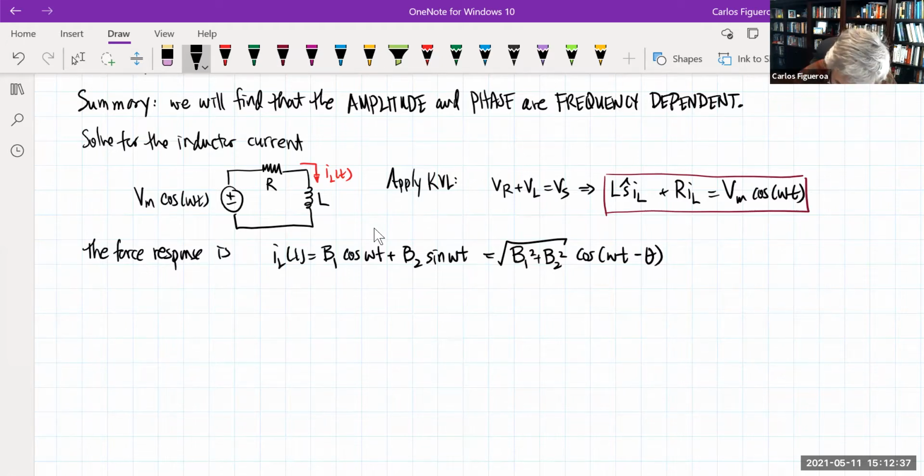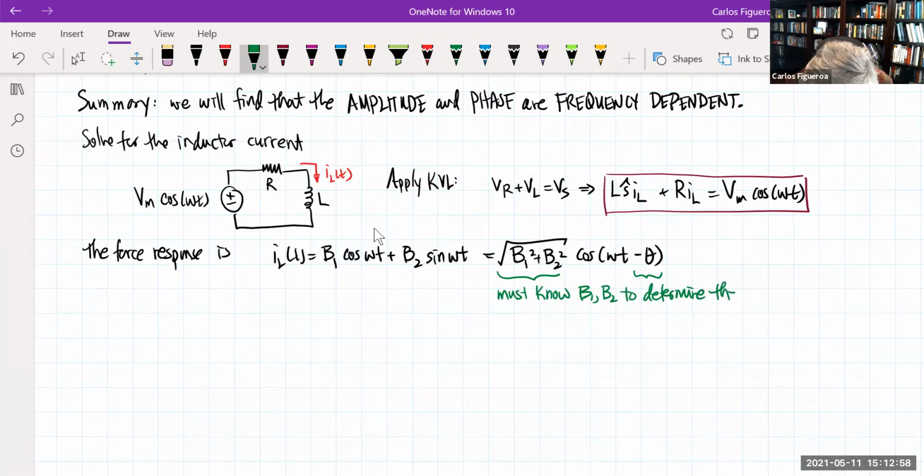Okay, so the only way I can get to this, if I look at this here, and I look at this here, I must know B1 and B2 to determine these two arbitrary constants. Okay, so let's go do that.